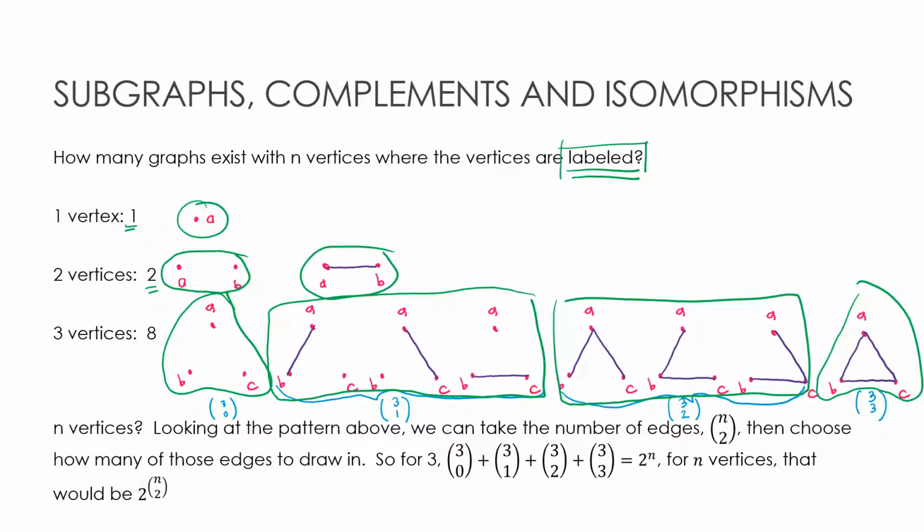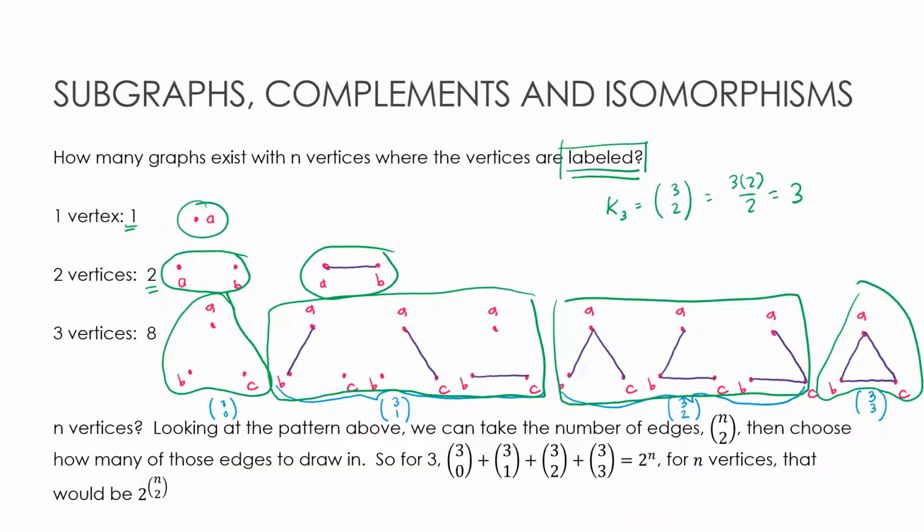So let's put together what we know about the complete graph. So we talked before about the complete graph would be 3 choose 2 total different edges that I could draw in, which would be 3 times 2 divided by 2, or 3 total edges.